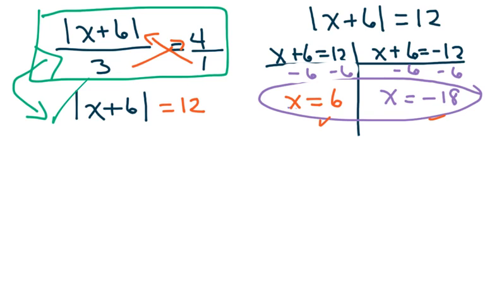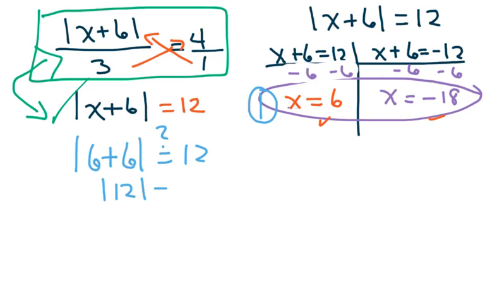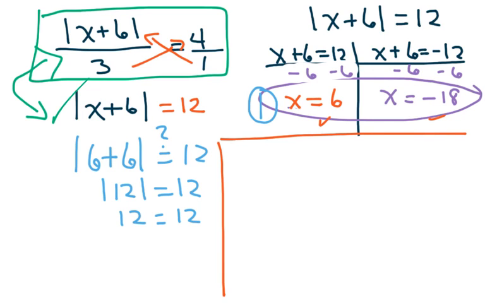So here's the first one I'm going to do. So does absolute value of 6 plus 6 equal 12? Yes, because this is 12, and 12 equals 12. All right, now let's do the negative 18. Is the absolute value of negative 18 plus 6 equal to 12?